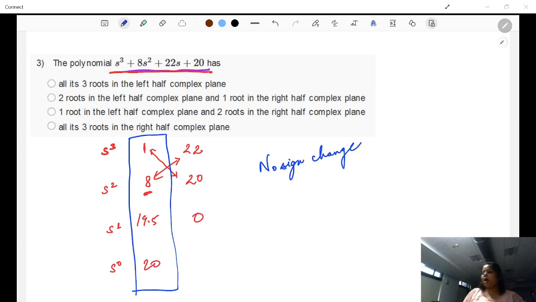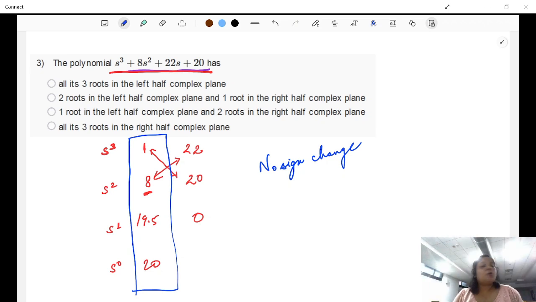No sign change means how many roots? This is a third order polynomial, so you're expected to have 3 roots. Since there is no sign change, all the roots are in the left half of the S-plane. So you can rest assured that there are 3 roots in the LHP.